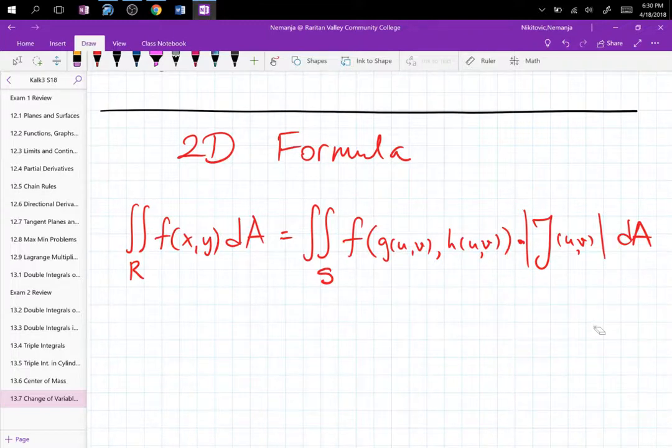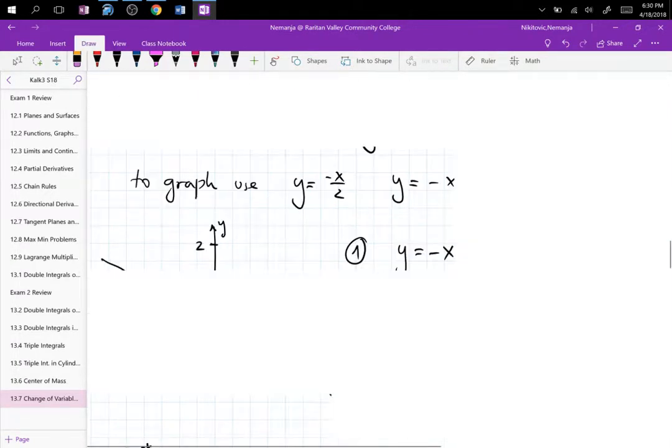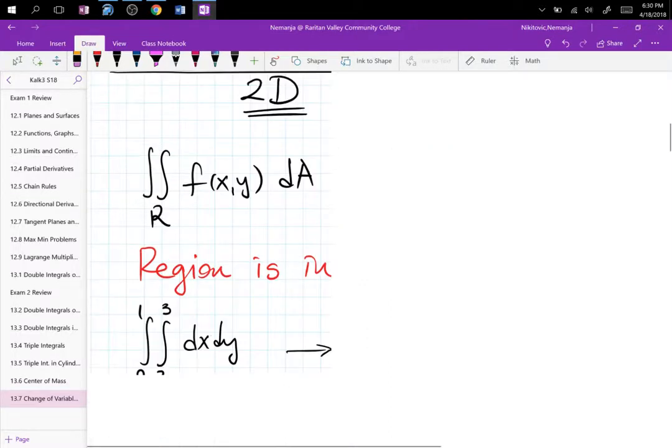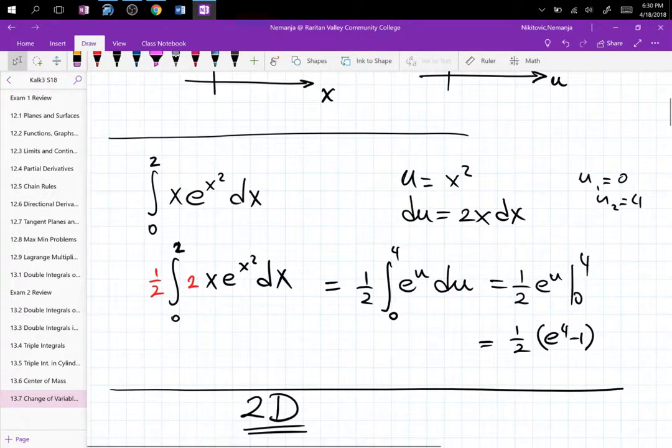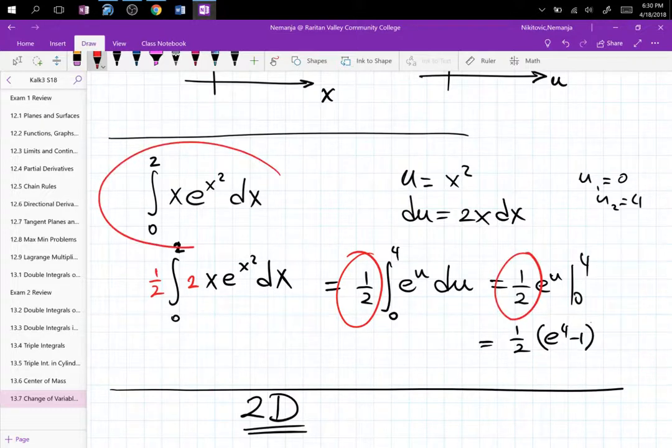So, the first example I did over here, right there. You see how this 1/2 pops out of nowhere? There was no 1/2 in the original problem, and all of a sudden there is 1/2.